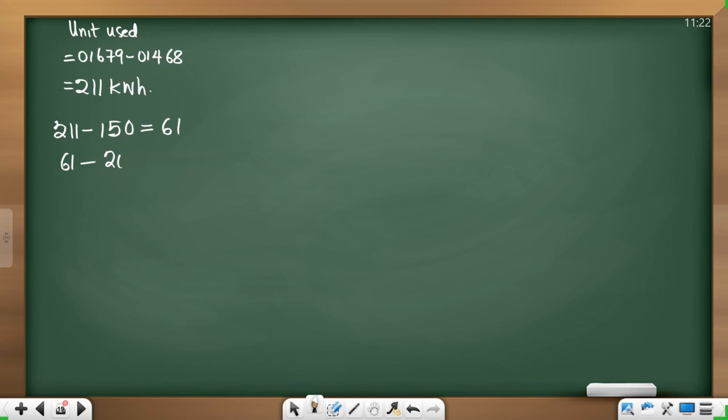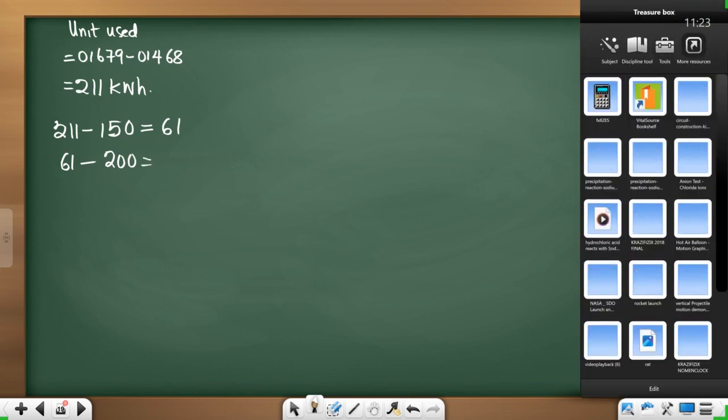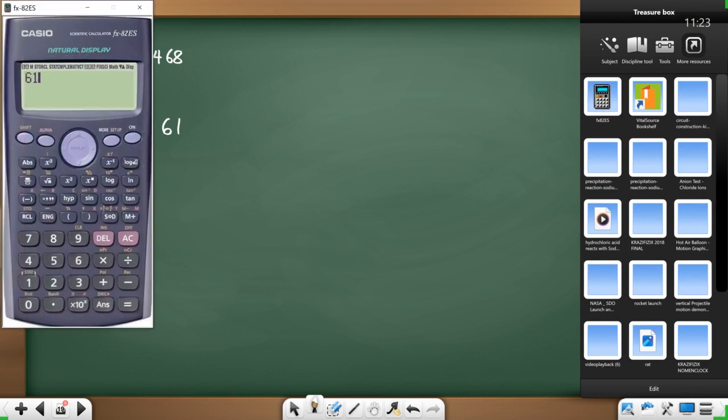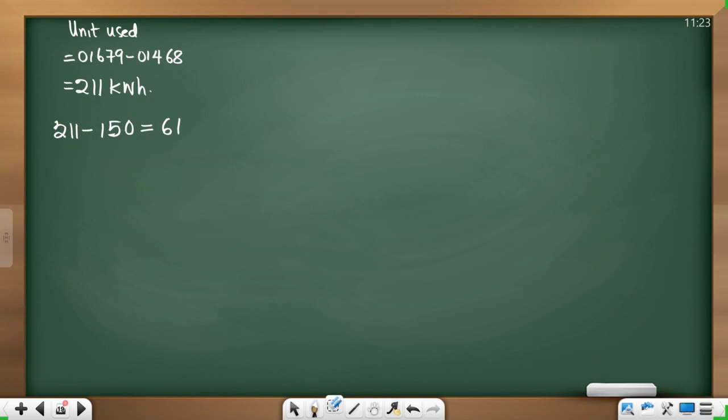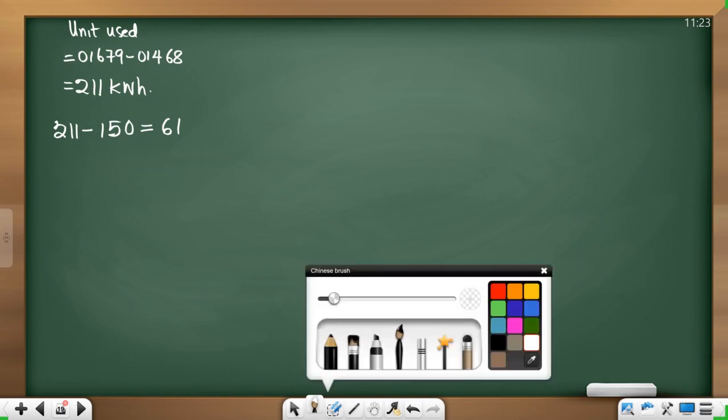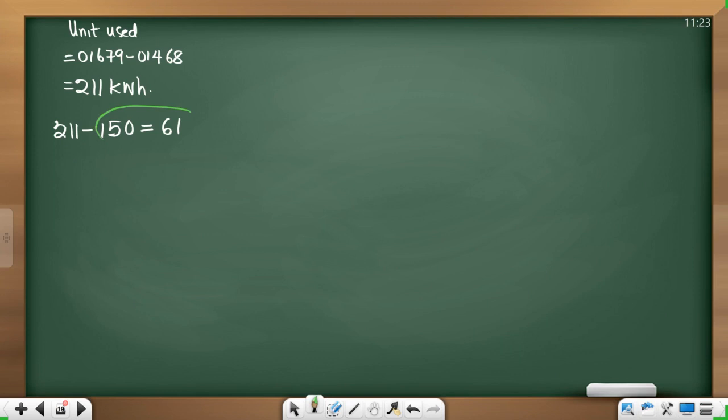Obviously, I see that it's going to be a negative, but let's do it so that you see what's going to happen. 61 minus 200. Do you see it's a negative? Once I see a negative, I actually erase that. Now, what is in each block? That's my answer. 150 in the first block and 61 in the second block.